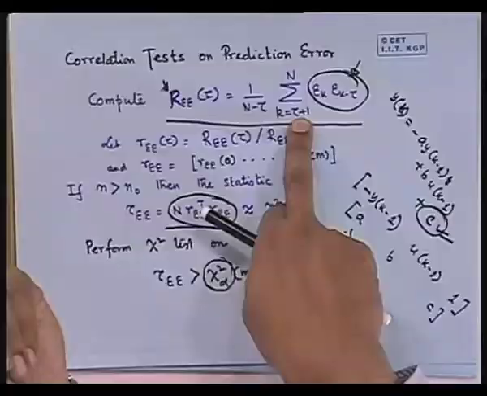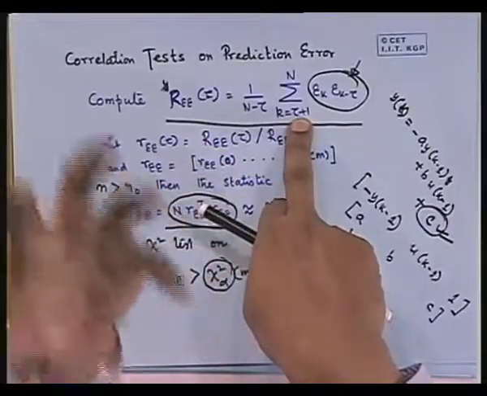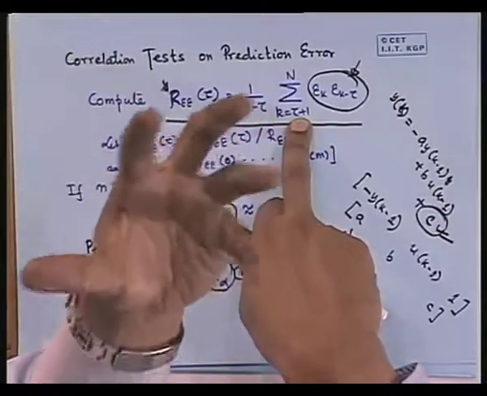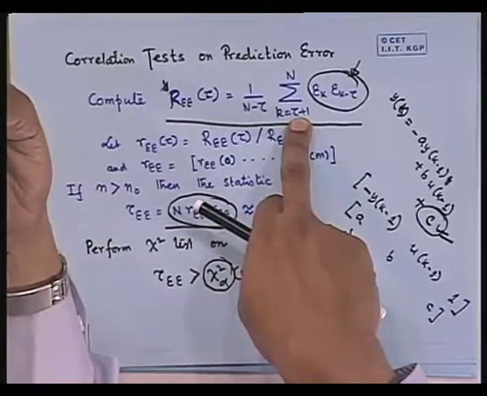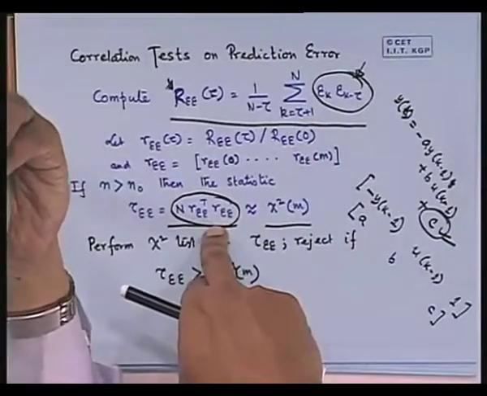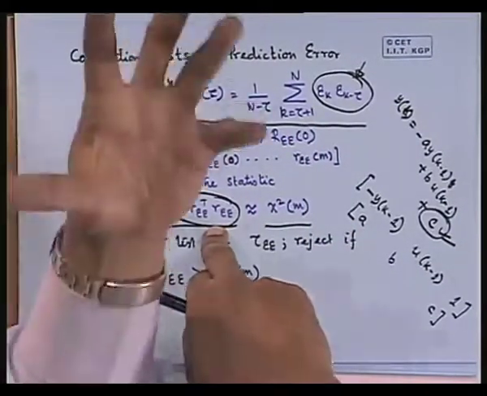Depending on the property that you want to check, you have to formulate a suitable statistic, and you have to choose it in such a manner that it gives you a known kind of distribution. For example, in this case it gives a chi-square distribution, and then check the value against the properties of that distribution using a hypothesis test, right?